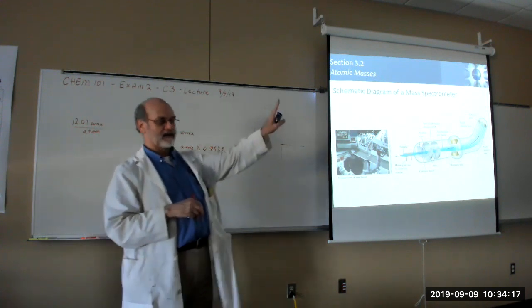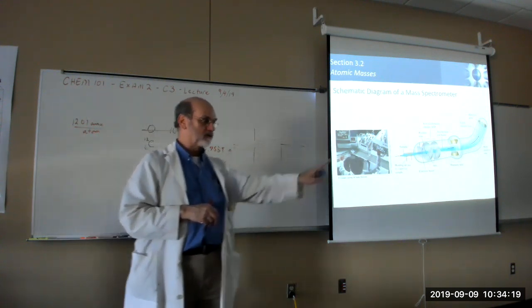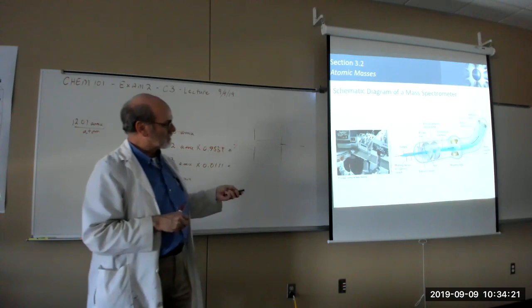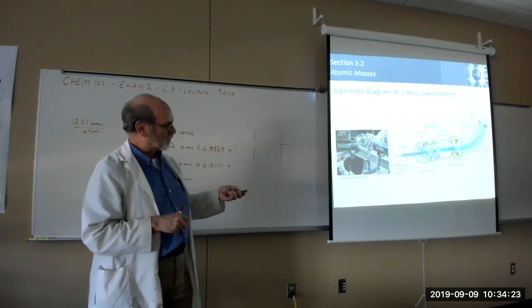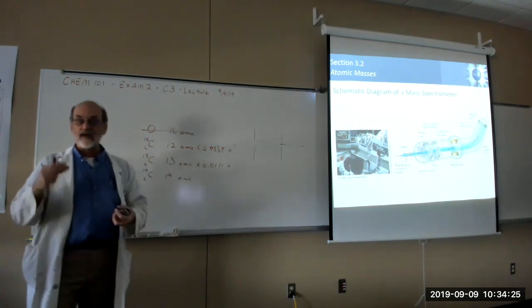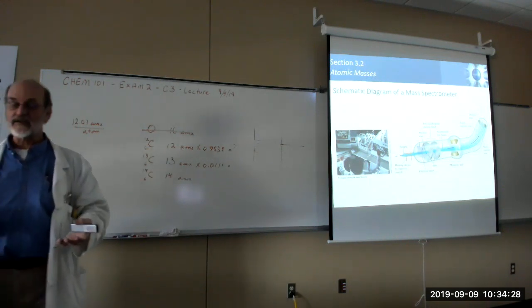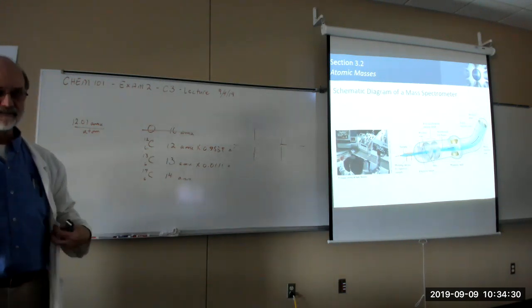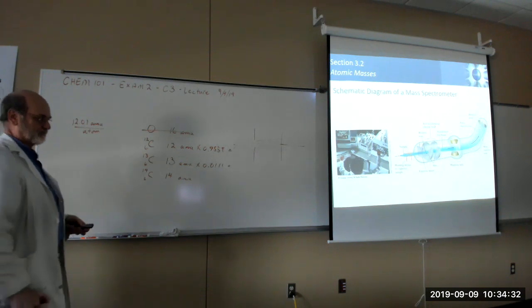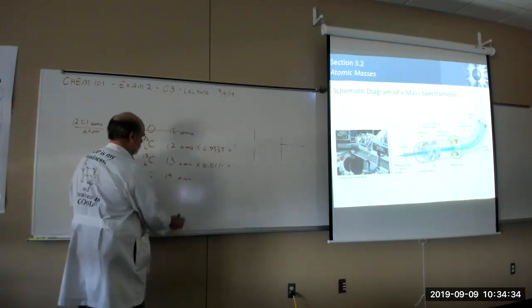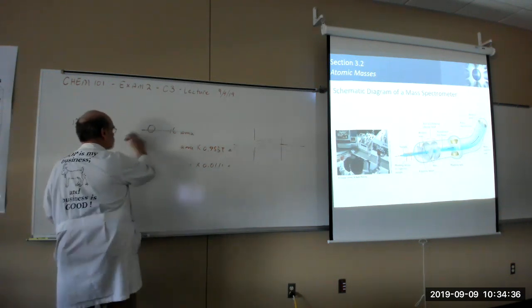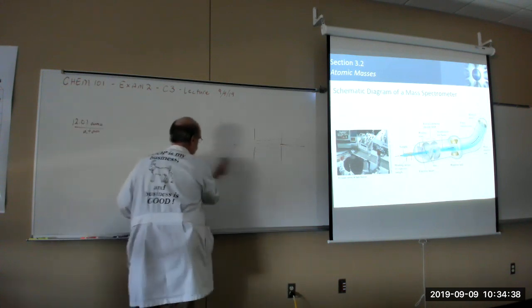The heavier ones bend like this. On the other side, the heavy ones come out over here, the light ones over there, and your detector counts them. Modern electronics can count that fast. So that gives you a percentage of each of the isotopes in your sample.